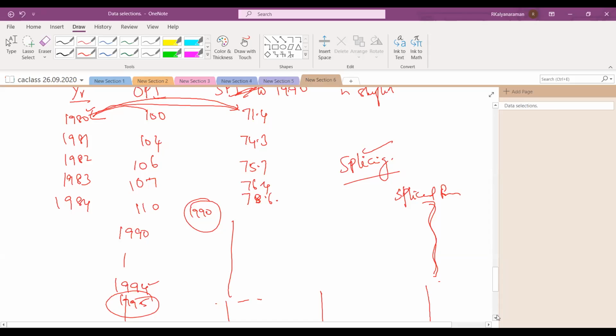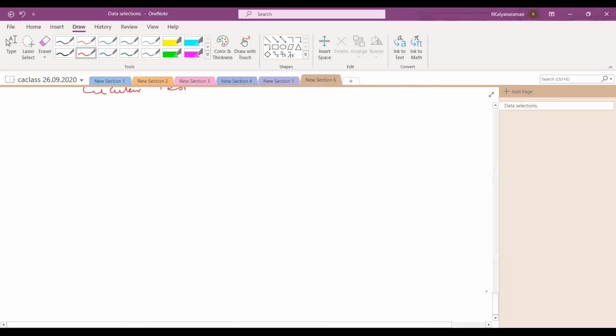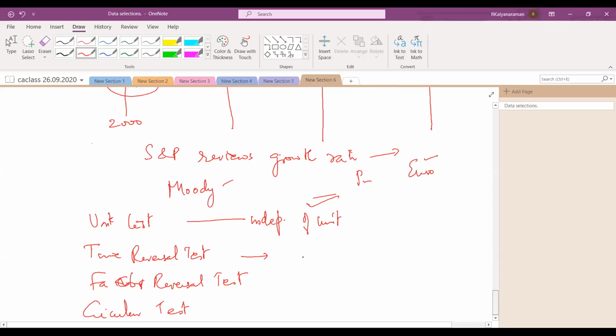How do you do that? So the ideal measurement is, for the time reversal test, P10 into P01 should be 1. That means approximately they are reciprocals of each other. So if P01 is going from 0 to 1, this should go from 1 to 0.